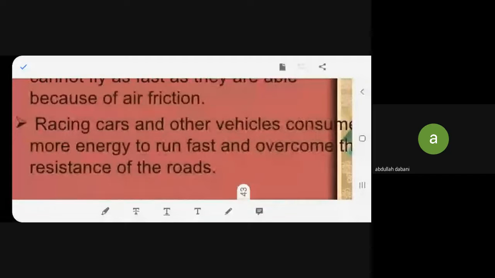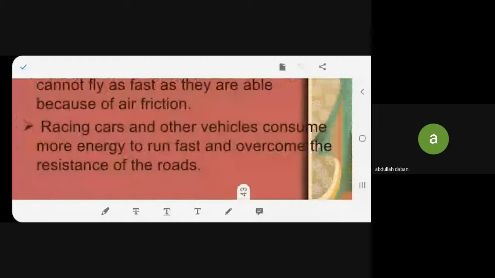Also, you can see that racing cars and other vehicles require more energy. So we are giving petrol or diesel to run fast. How can they run fast? Because there are two forces applied.